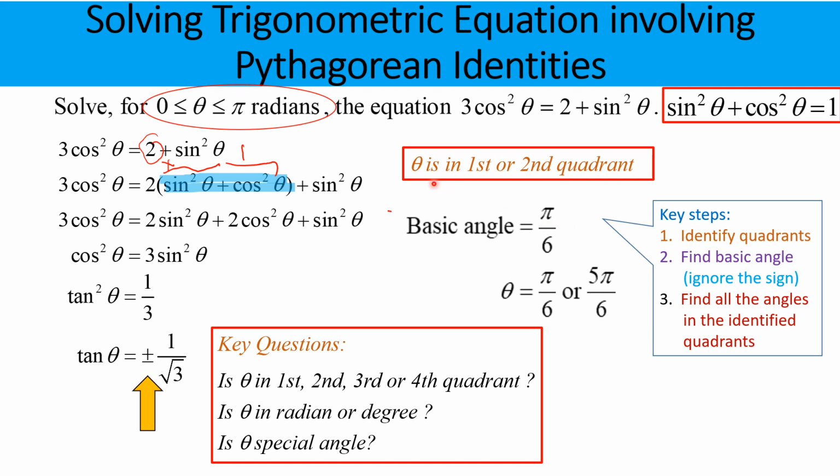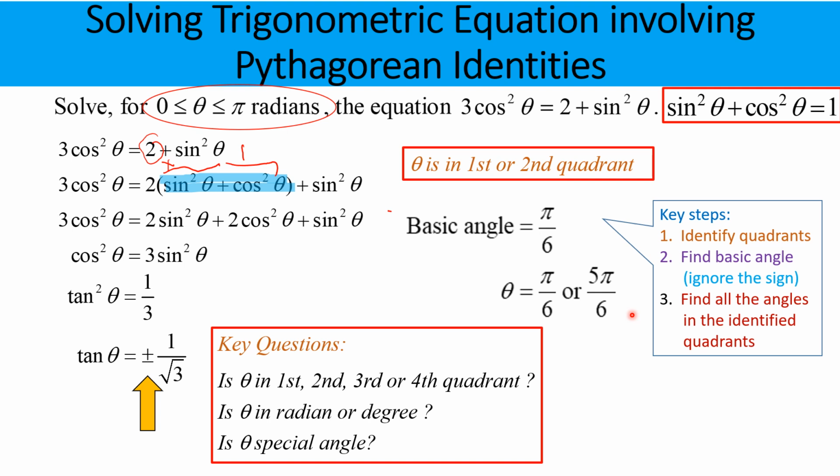Since theta is in the first or second quadrant, the first quadrant answer is pi over 6, and for the angle in the second quadrant, I simply take pi minus alpha, which gives me 5 pi over 6.